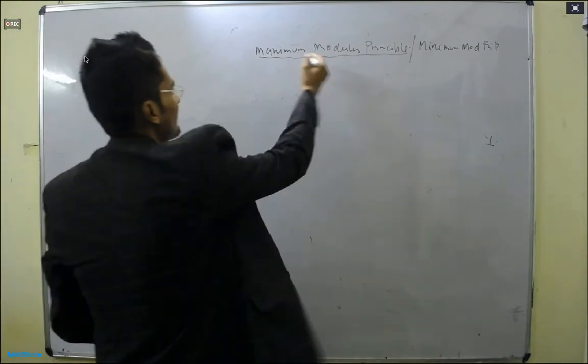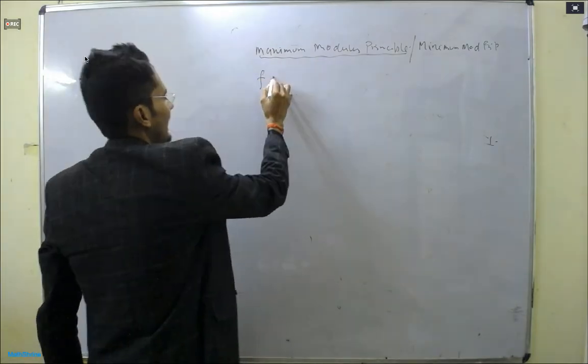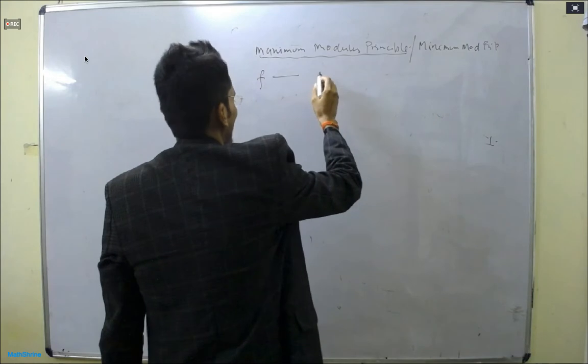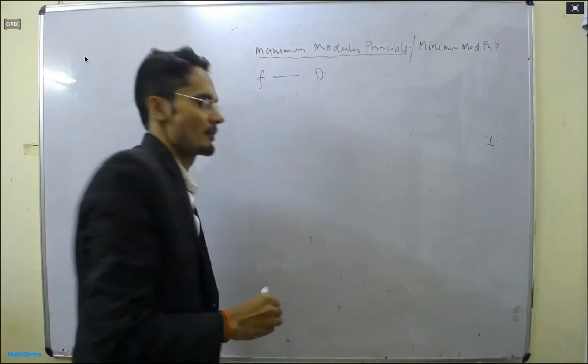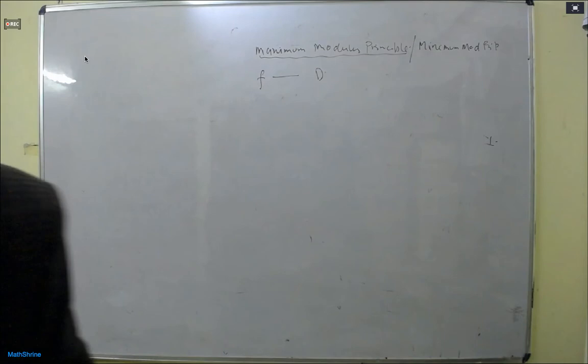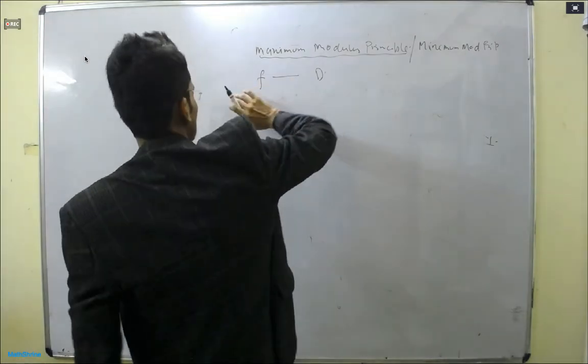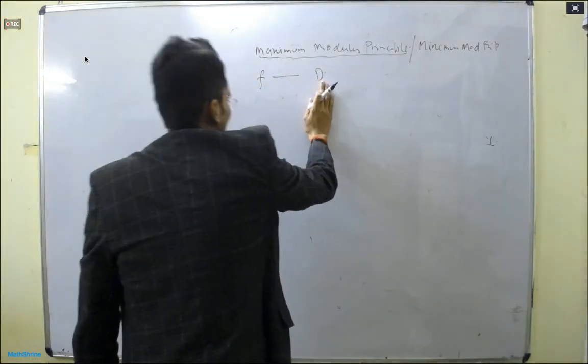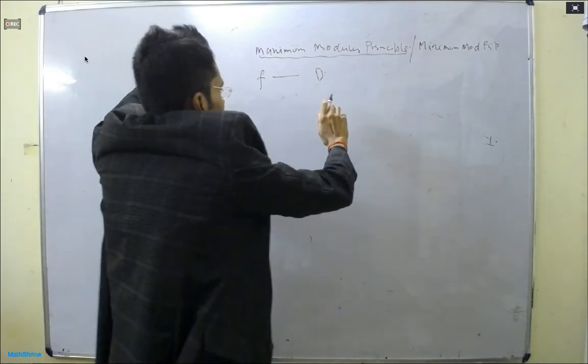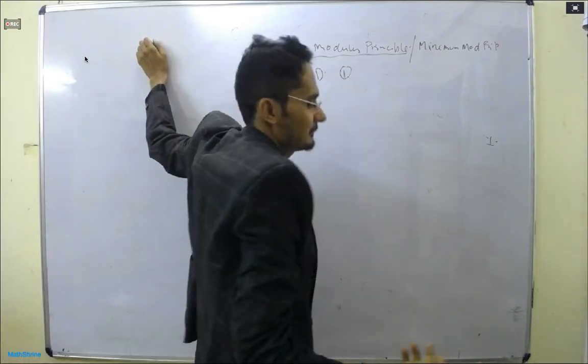Suppose f is an analytic function on a domain D. So the first thing is, if we are taking the modulus of any number, can you tell me what will be the minimum? Definitely it should start from 0, correct? So the lowest number can be 0.